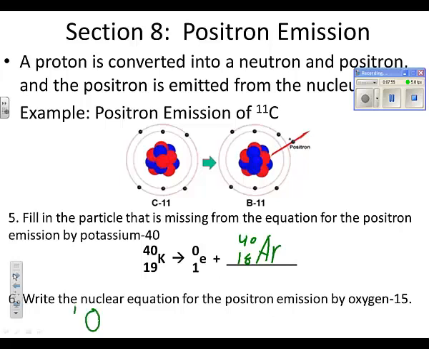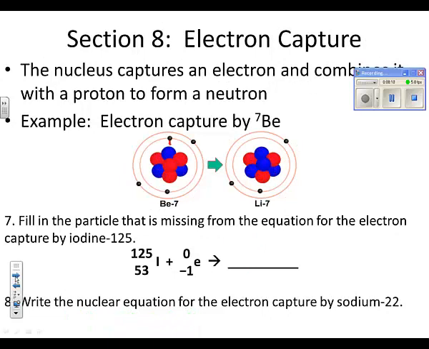So O, 15, 8 yields a beta positive particle. And it'll be 15 on top still, and over 7. Number 7 is nitrogen. There we go.